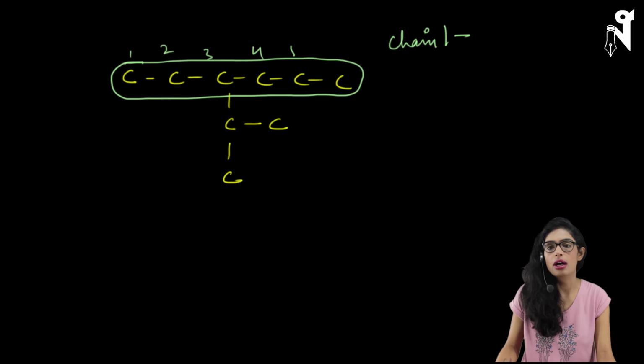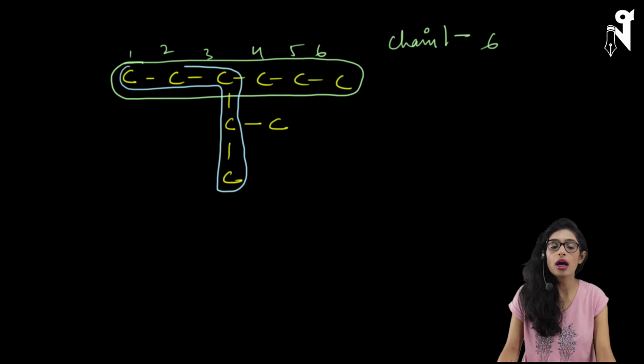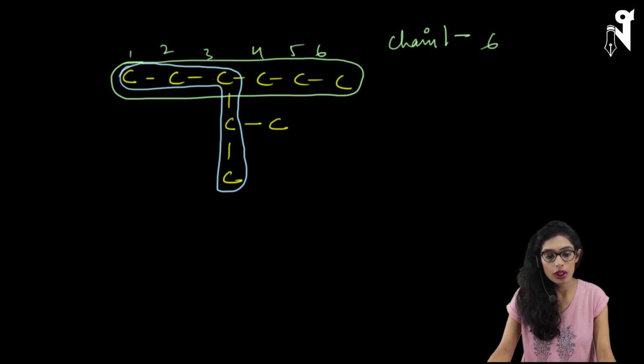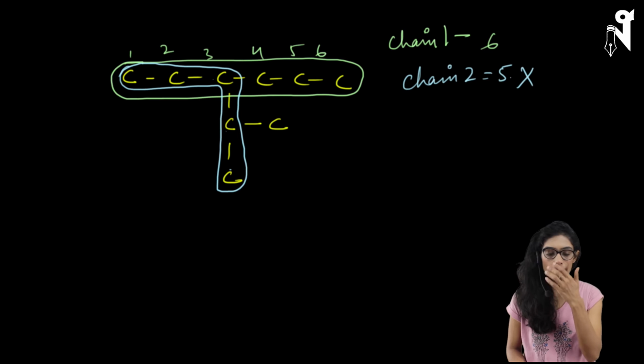So chain 1 has 6 carbons. Now let's mark another possibility. I go from here, go here, and contain these carbons inside. How many carbons are there in it? 1, 2, 3, 4, 5. Chain 2 contains 5 carbons. This is anyway rejected because it has a lesser number of carbons.